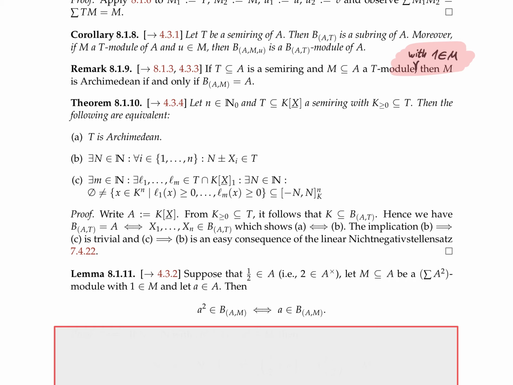And let a be in A. Then a squared is arithmetically bounded with respect to M if and only if a is arithmetically bounded with respect to M. So, there are two things to show here.